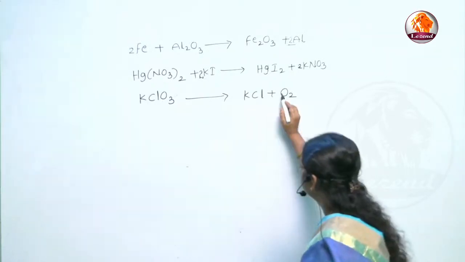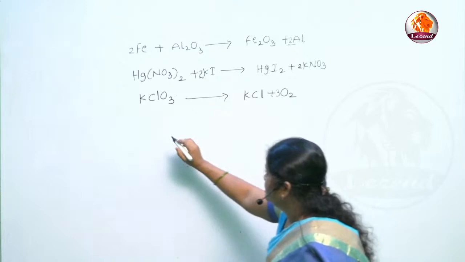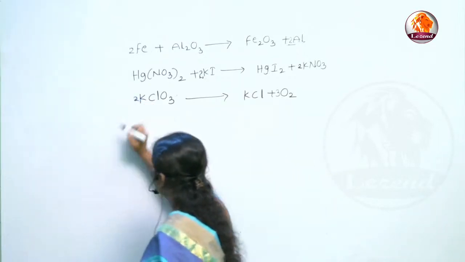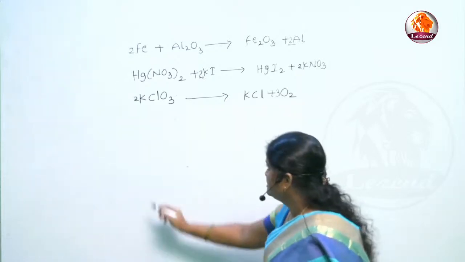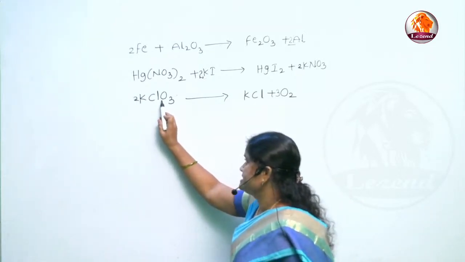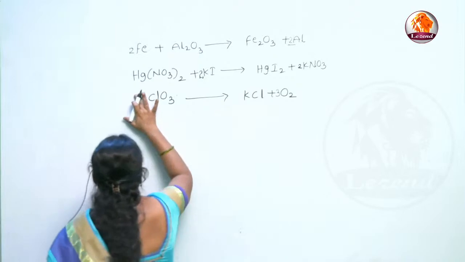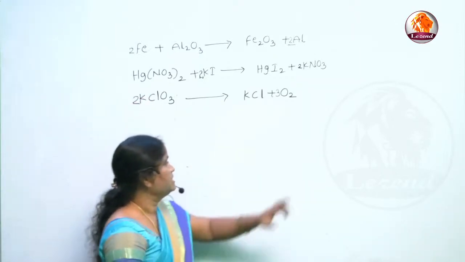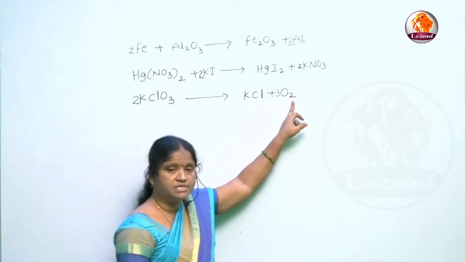If I write 3 before O2 and 2 before potassium chlorate, now the oxygen atoms become balanced, because 2 3s are 6 oxygen atoms, and here 3 2s are also 6 oxygen atoms.